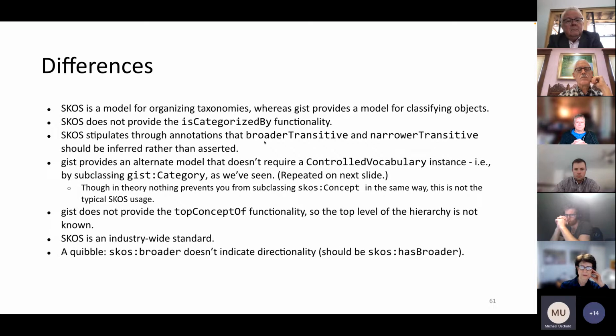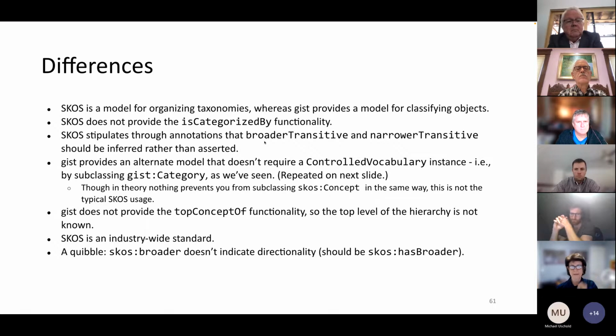So you could subclass SKOS concept and do exactly what you would do in JIST. That's just not the typical way that SKOS is used. Barry mentioned JIST doesn't provide the top concept functionality, which I actually think is quite useful, and we should probably consider defining something like that in JIST.